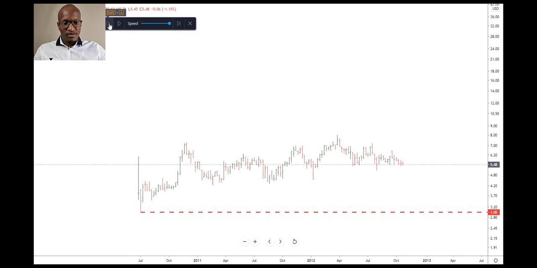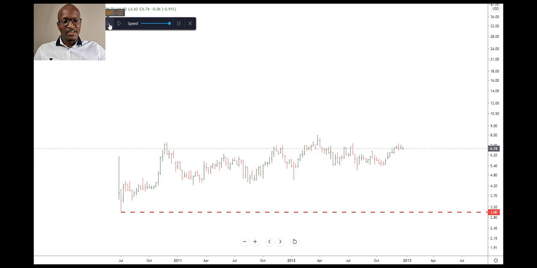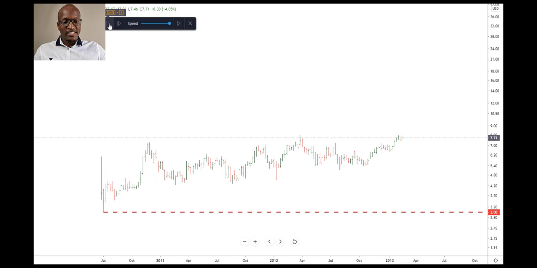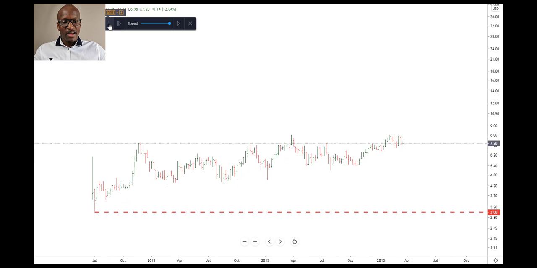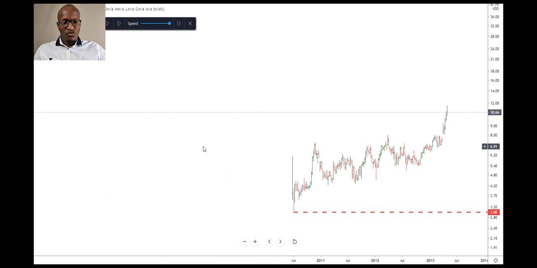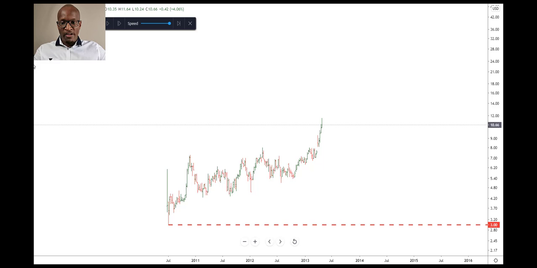So at this point here, we can see the market has been generally moving sideways. And it would have been very difficult to label the completion of this leading diagonal in real time. But as the market starts to accelerate, then we can reflect back and see that the market did make a leading diagonal for wave 1.